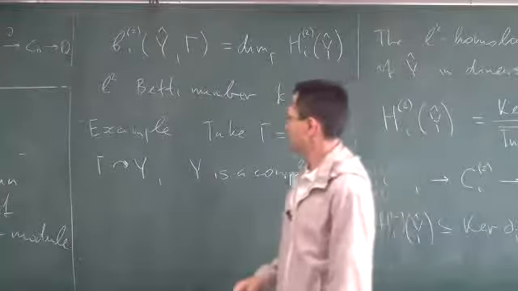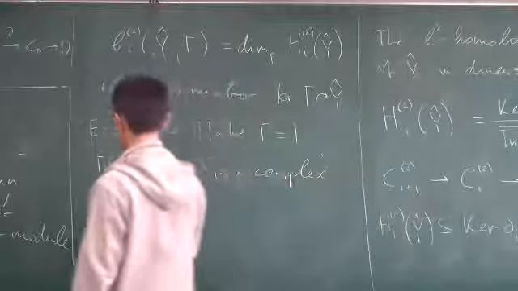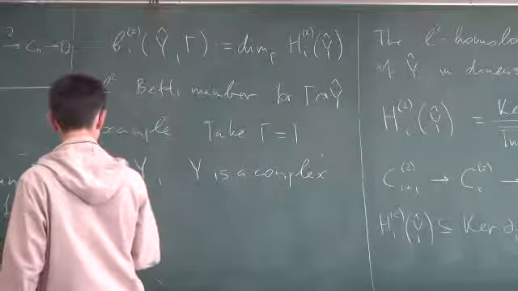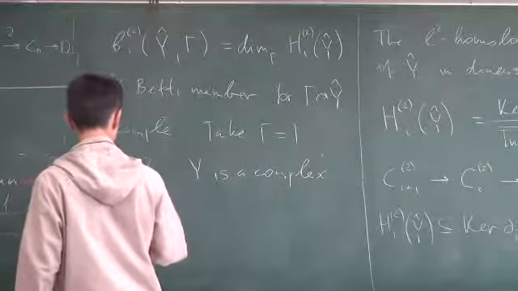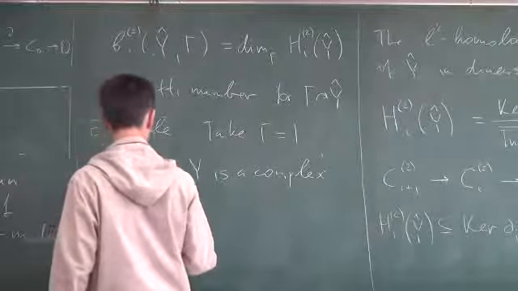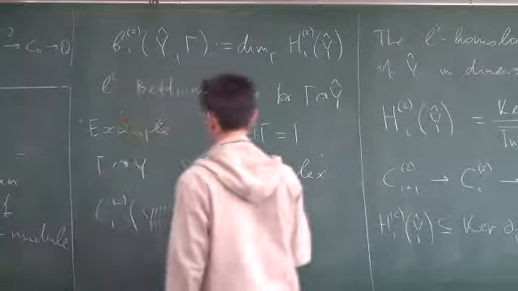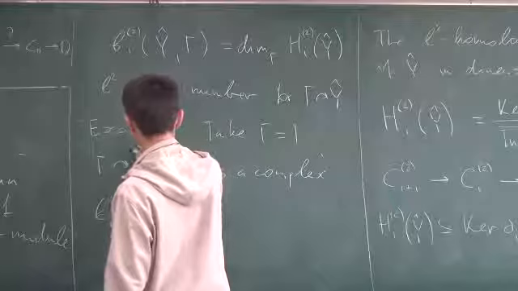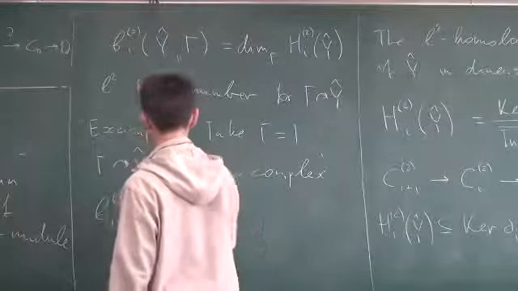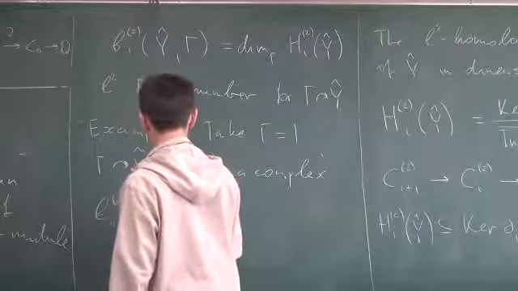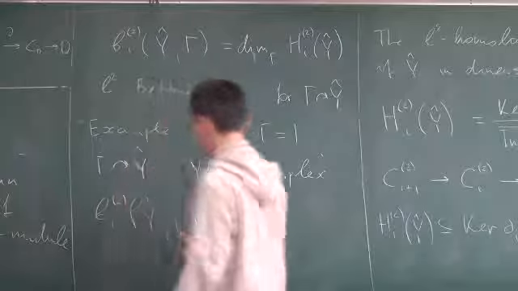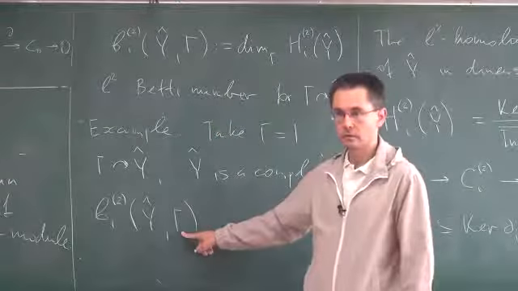For this action, what is the i-dimensional L2 Betti number? Maybe let me call it y hat, for gamma the trivial group now.